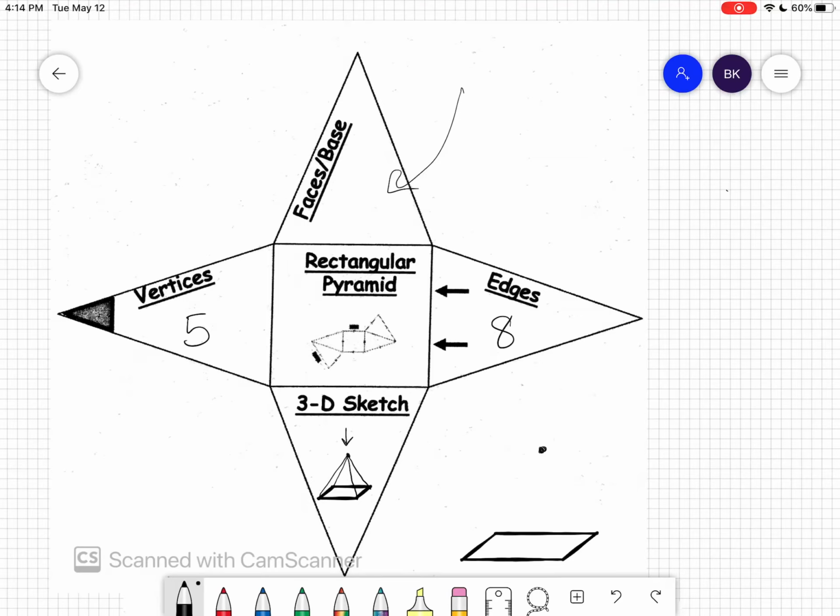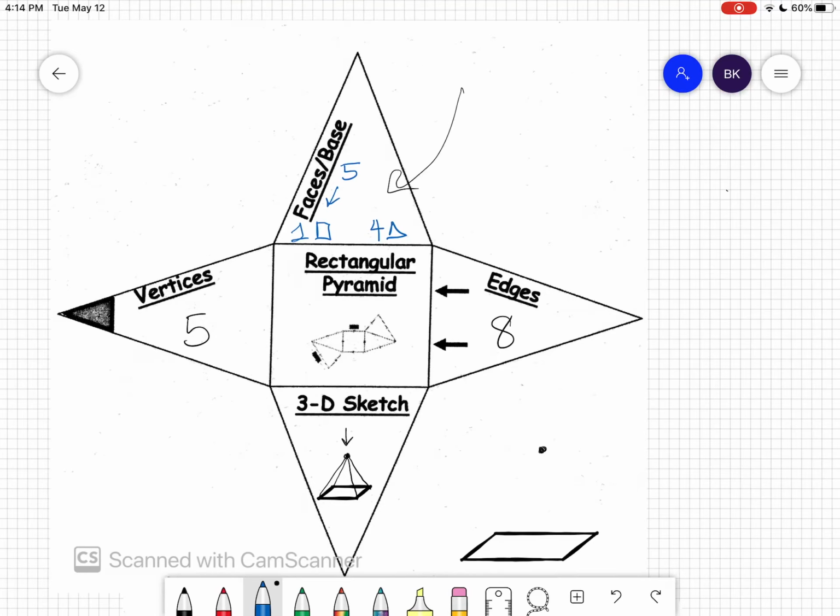And then 3D sketch, notice we have to do like a parallelogram, 1 vertex at the top right here, and then connect that vertex with every single corner of the parallelogram, and that would be your rectangular pyramid. Oh, and I forgot to tell you that we have 5 faces, 5 total faces, and then we have 1 of them that is going to be square rectangle, and then 4 triangular faces.